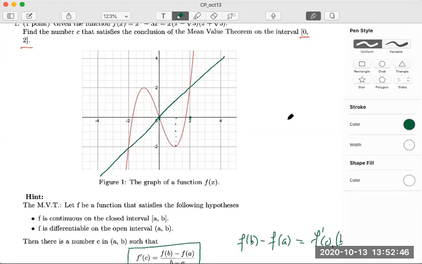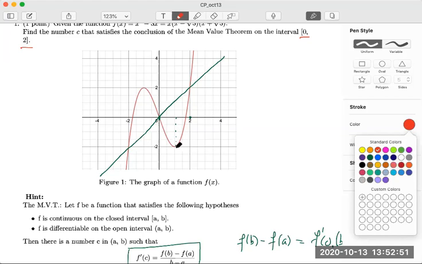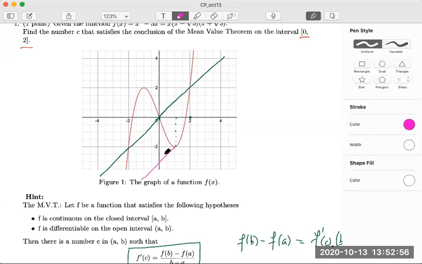It says that the slope of this point will be the same slope of this, parallel to this, right? Yeah, it would be like this. Okay? And this is the slope, which is f prime of C. This is what the mean value theorem tells us, and we can find that.